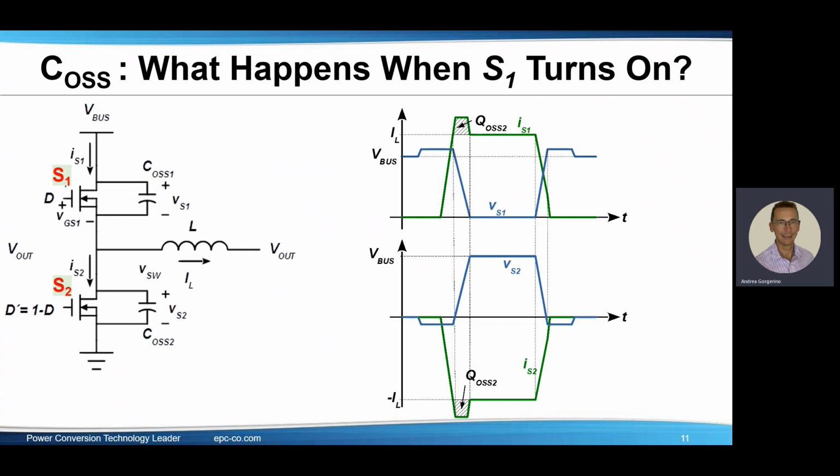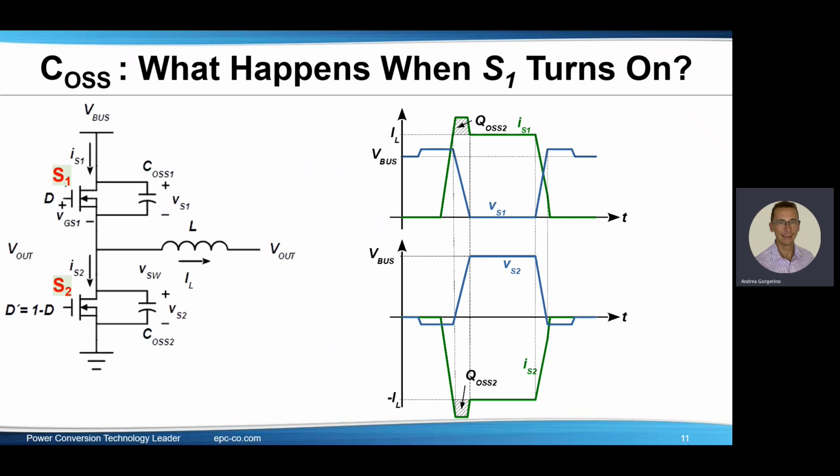So let's take again a look at what happens when S1 turns on. The top set of waveforms are for the high side switch S1, and the bottom set of waveforms is for the low side switch S2. So when S1 turns on, we discharge the energy in the top switch capacitance, and we'll call that energy EOSS1.